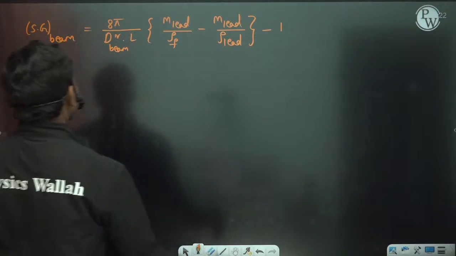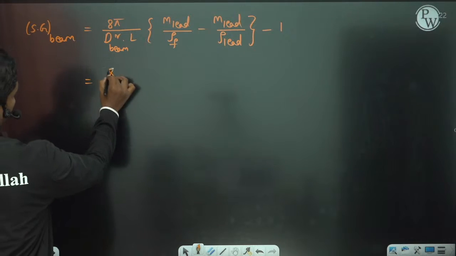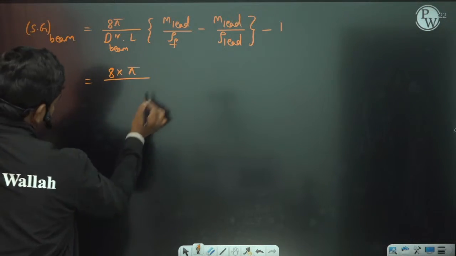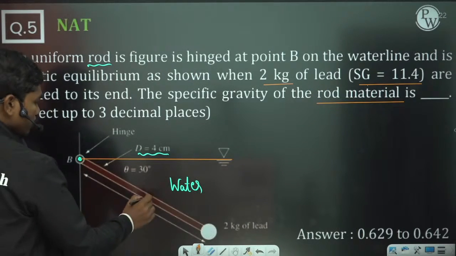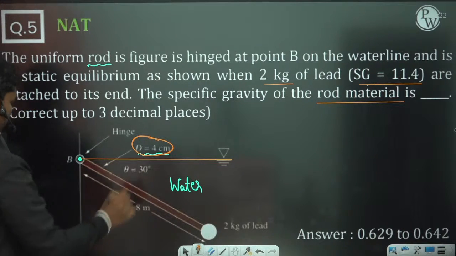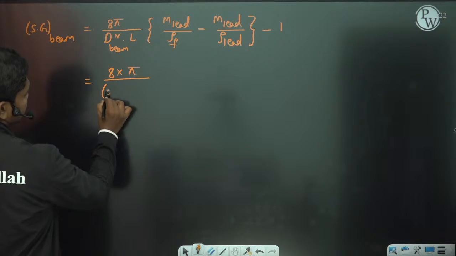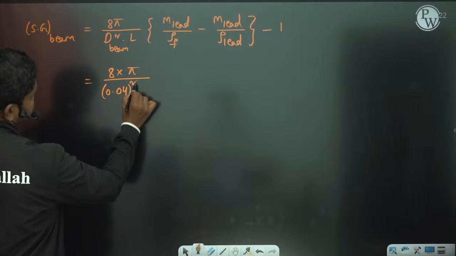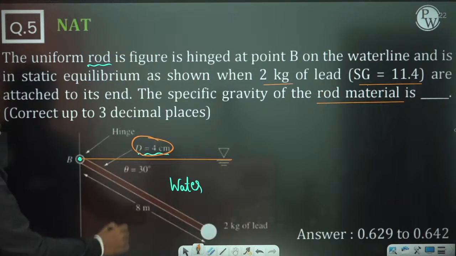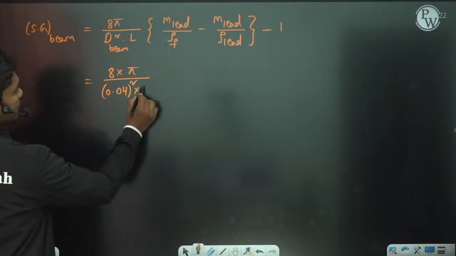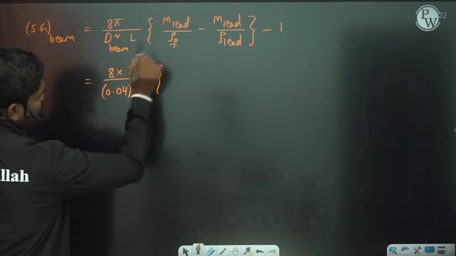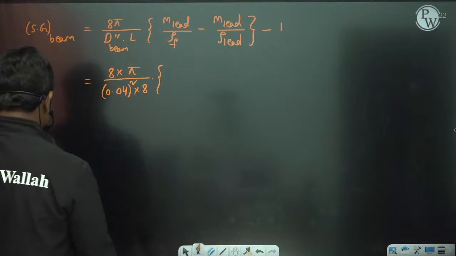Okay, so let us calculate this specific value. 8 pi, diameter of the beam. What is the diameter of the beam? It's given 4 centimeters, which means 0.04 square, times the length of the beam, which is 8 meters, multiplied with the mass of lead. Mass of lead is 2 kgs, it's given.